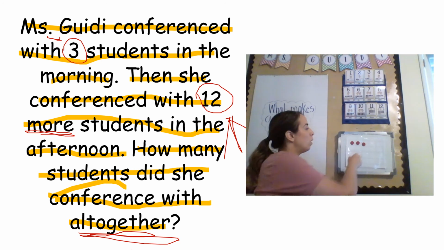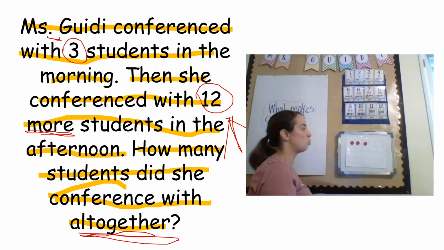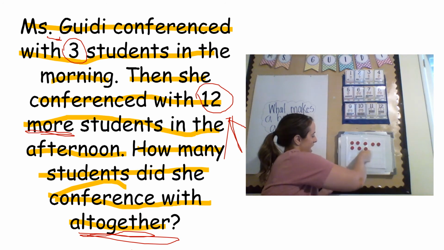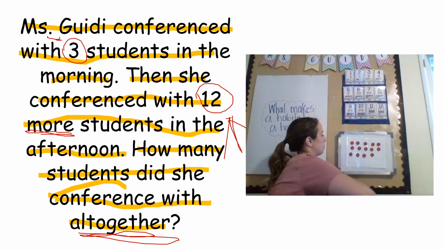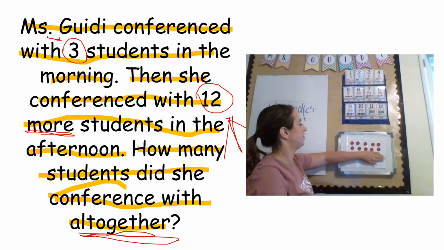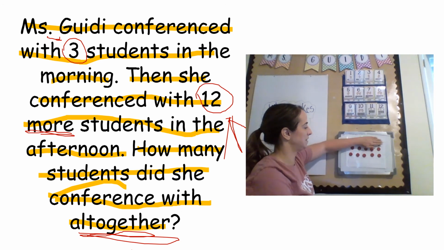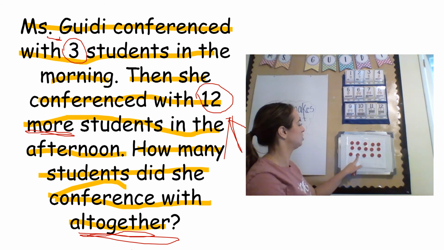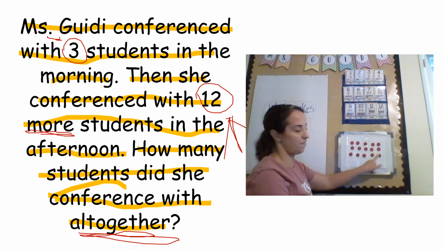All right, how many more am I going to put on? 12 more. 1, 2, 3, 4, 5, 6, 7, 8, 9, 10, 11, 12. So I know if I were to subitize, this is 10 plus, and I also subitize this, it is 5. So I have 10, 11, 12, 13, 14, 15.